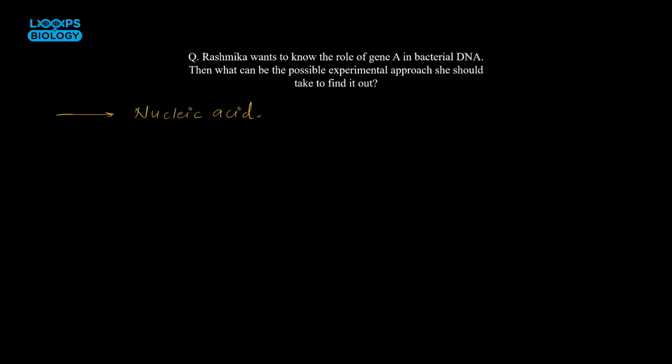Alright, if we are talking about the functioning of a gene, that means we are deciding to stop one of the metabolic pathways. So in nucleic acid, whenever we are talking about the role of a gene, it can be A, it can be B, whatever. Whenever the role of a gene is considered, that means we are halting the metabolic pathway.